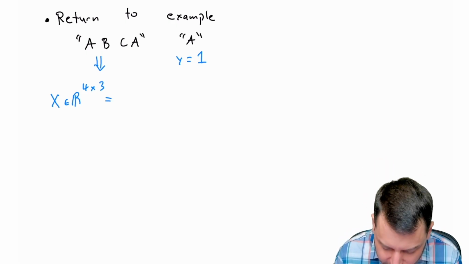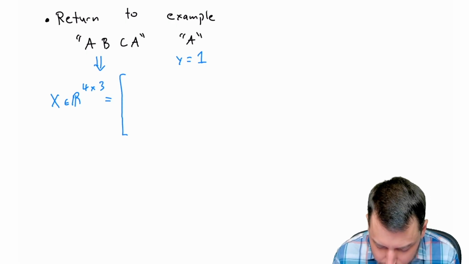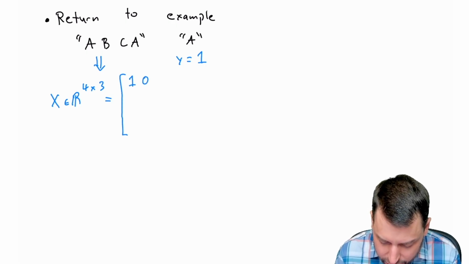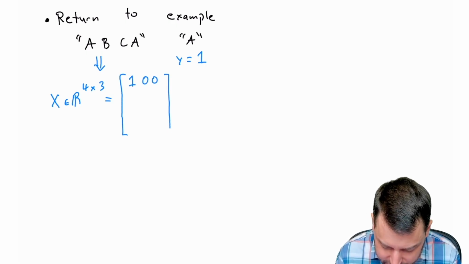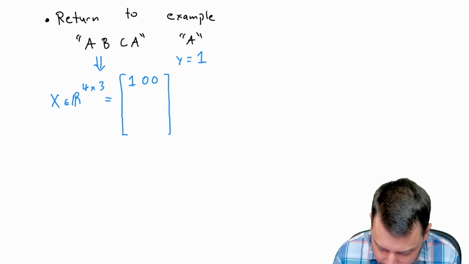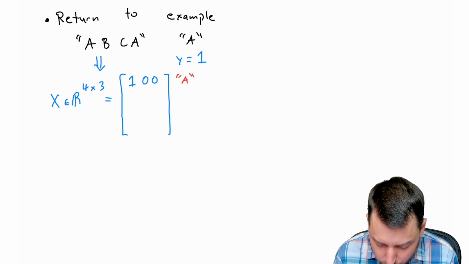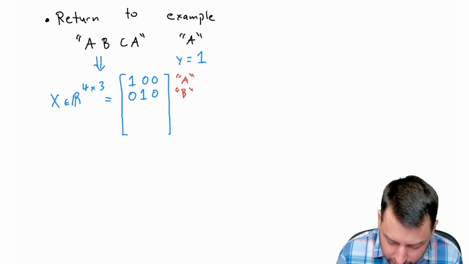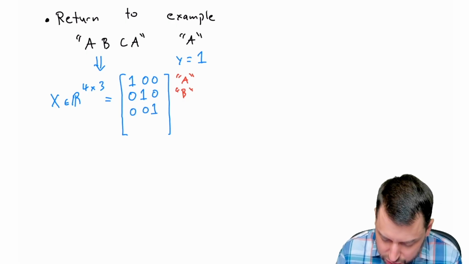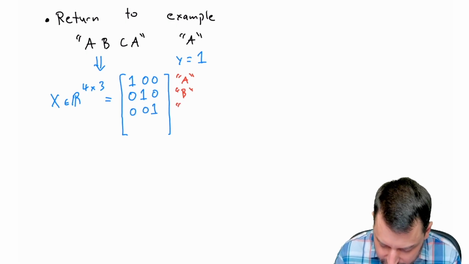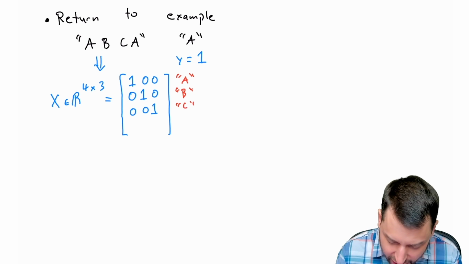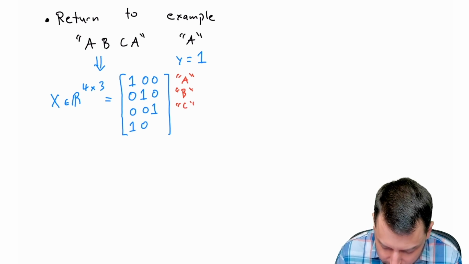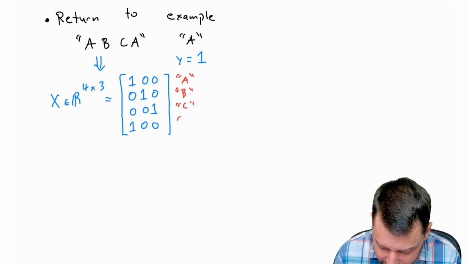This particular example would be the matrix with 1, 0, 0, which represents the letter A as the first element. Then the next element would be 0, 1, 0, which represents the letter B. Similarly, 0, 0, 1 represents the letter C. And with one more element, 1, 0, 0, which represents the letter A again.